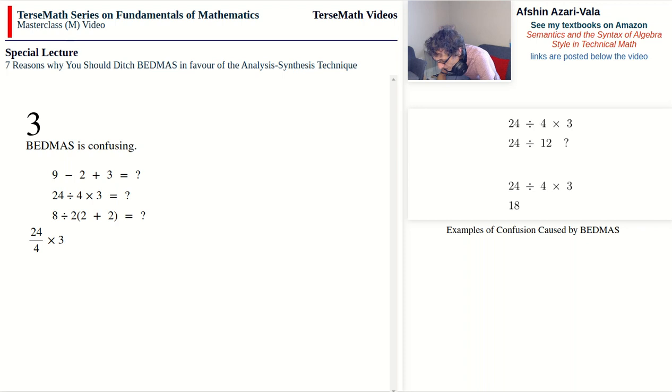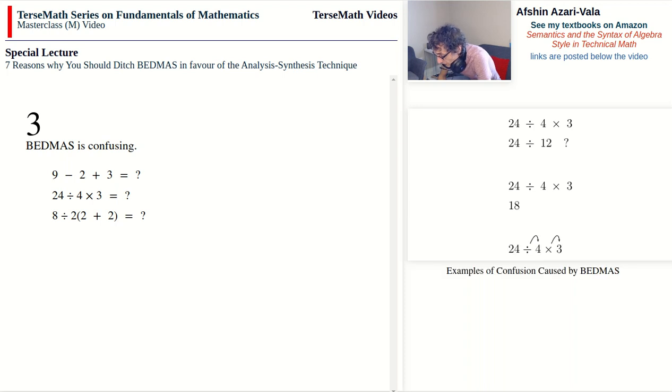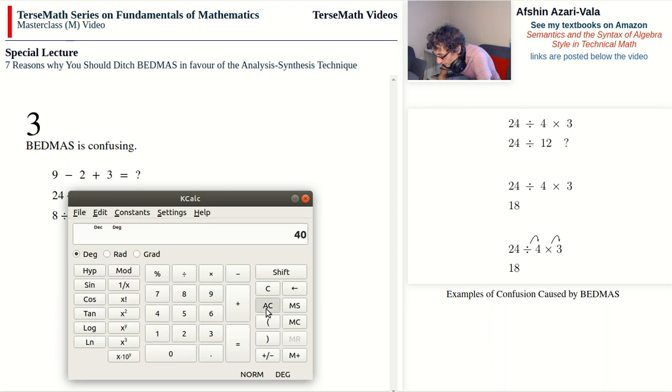Okay, now let me remove what I just added here. And the view that we have for this expression is that you divide by 4 and you multiply by 3. And again, you can do these in any order that you want, and both of them will give you 18. Let's take a look at these orders. So if I start with division first and then multiplication, of course I get 24 divided by 4, 6, and 6 times 3 is 18.